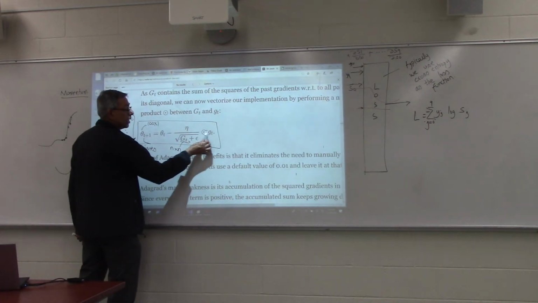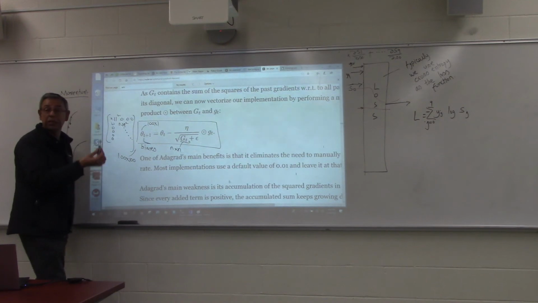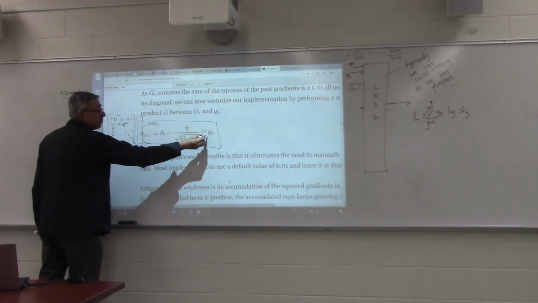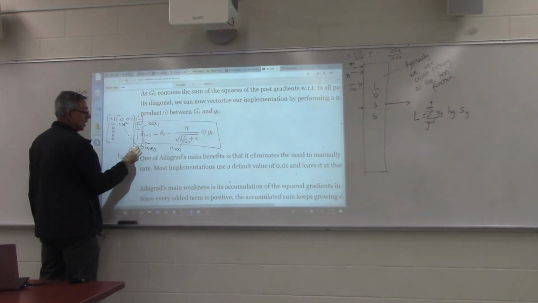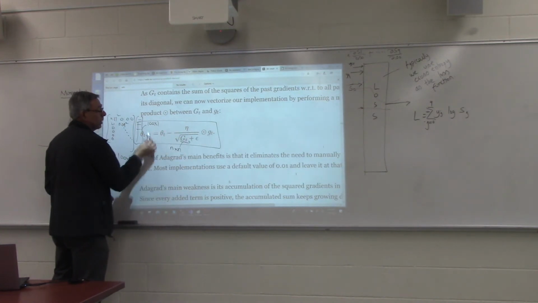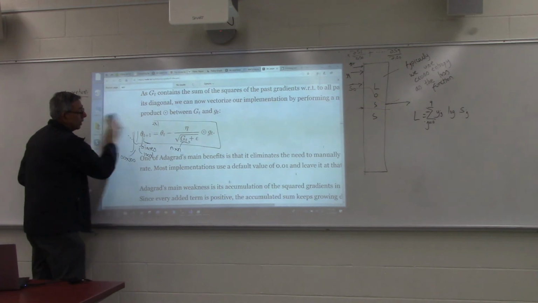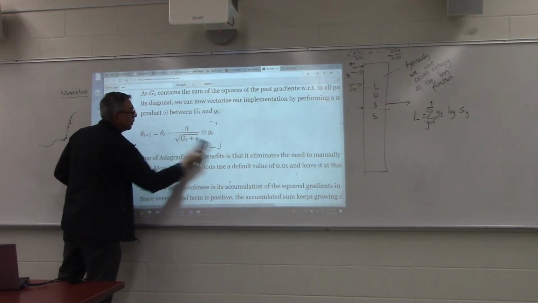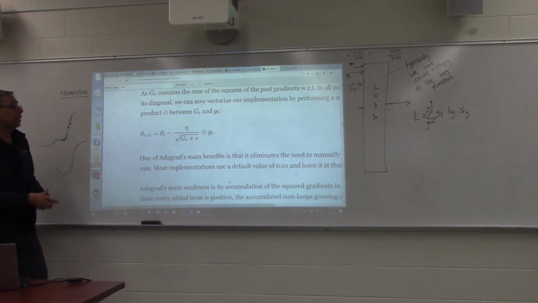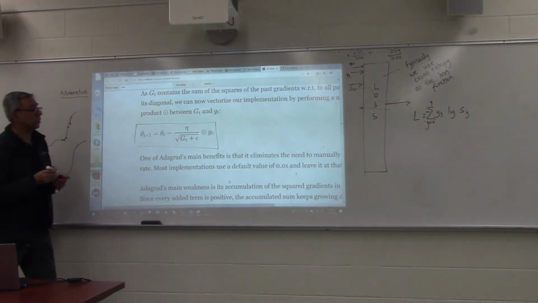And then times g of t, which is the current value of the gradient. So if there were 100 biases, it will be 100 by 1. So the dimensions will easily match, you can easily verify it. So even though our goal was every weight and every bias should have its own learning rate, we are still doing one matrix by vector operation.